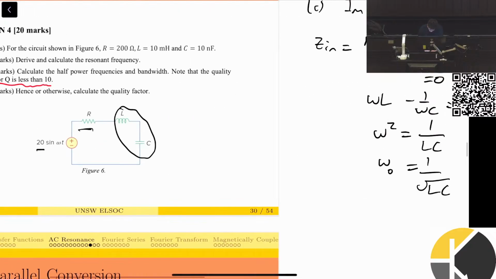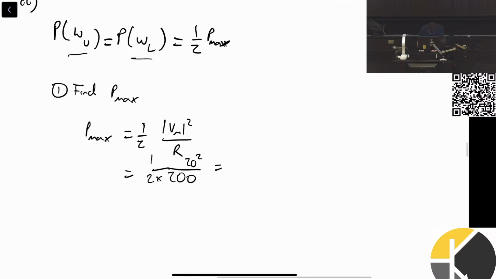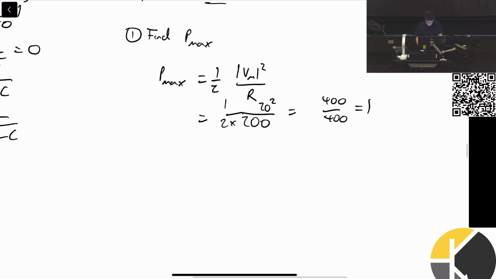VM is 20. So we're going to get 20 squared divided by 2 times 200, which is equal to 400 divided by 400. How nice. Let's hope the exam has answers that are that nice. Okay, so we know what power max is. It's just 1.